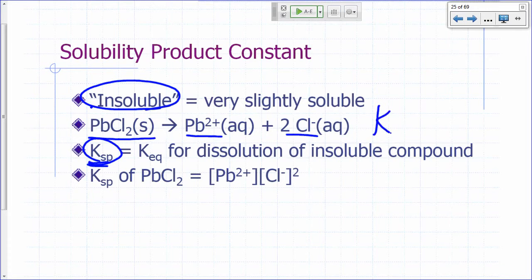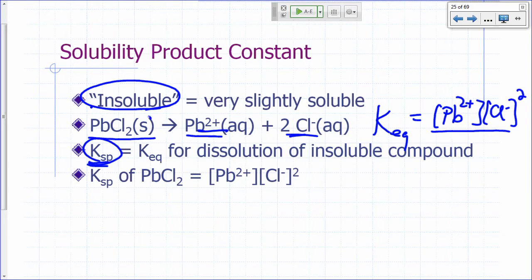Why? What would be the KEQ for this? It's going to be the activity of lead ions times the activity of chloride ions squared, divided by, what's the activity of a solid? 1. So the KEQ for this is just a product of activities because your denominator is 1.